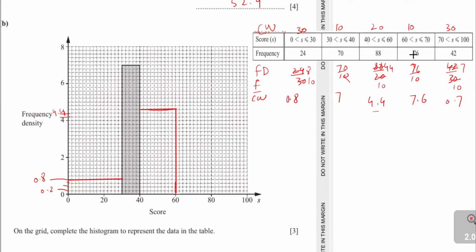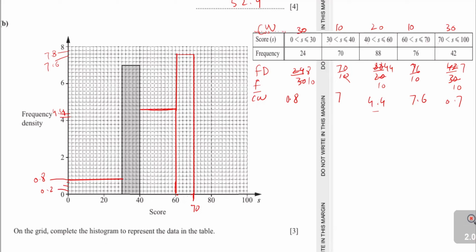Next is 7.6, for 60 to 70. This position is 7.6, and we draw the bar here. Look here, this is 7.8, and this position is 7.6, therefore we take this height.